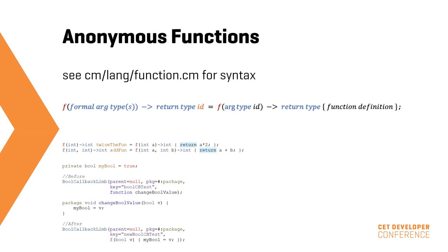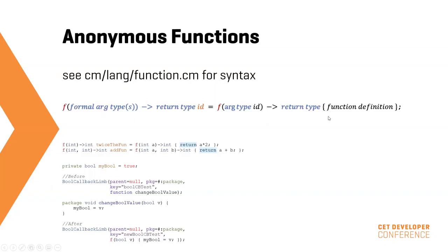So here you can see I have a bool callback lim, and before this I would have to make a function callback of change bool value. So I'd have to define my function change bool value. Now I can do it all in line in this single line. So I have my f, and then my arg type, which is a bool, my ID type, which is v, and then I am returning a void here, so I actually do not have to include this arrow and return type.